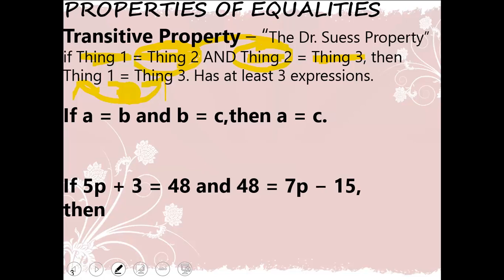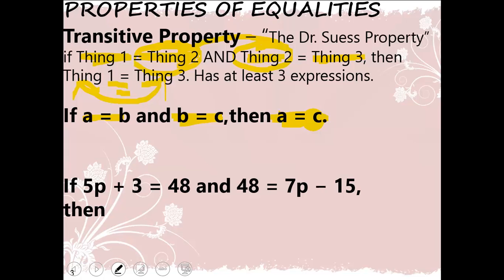So the way you see it defined most often is if A equals B and B equals C, then by default A must also equal C. Okay? It kind of has its roots in substitution, which we're going to talk about in just a second. If 5p plus 3 equals 48 and 48 equals 7p minus 15, then use the transitive property to draw your conclusion.